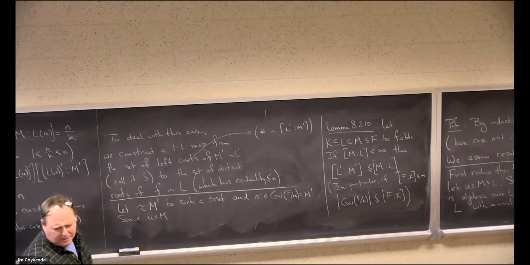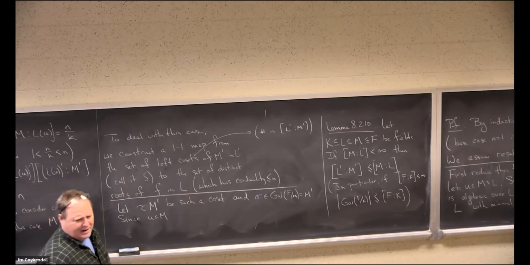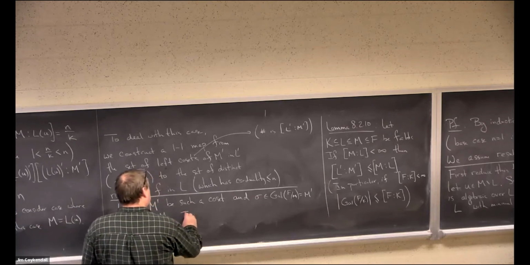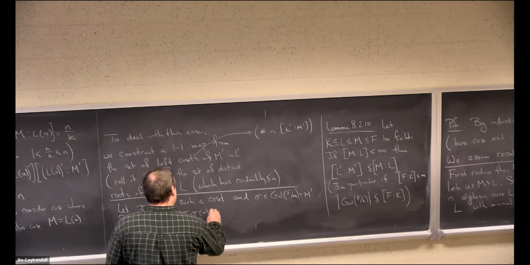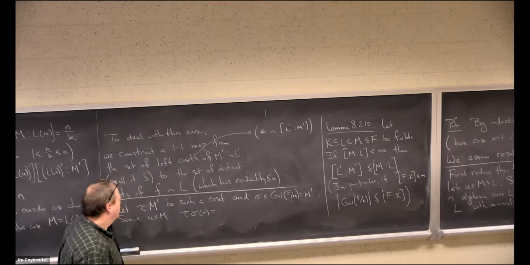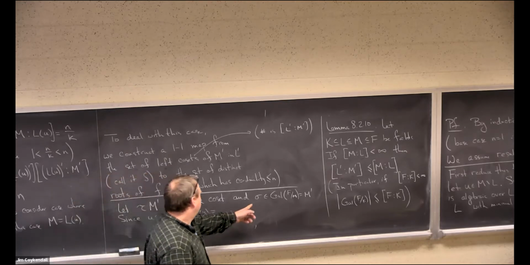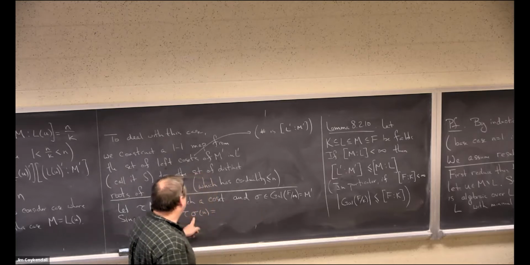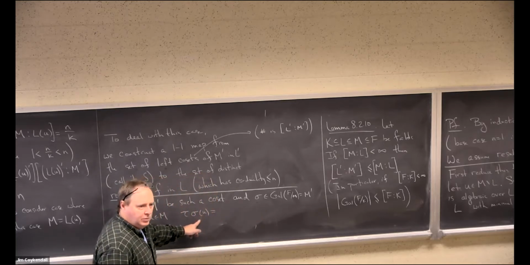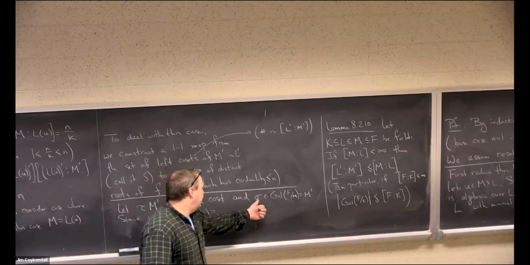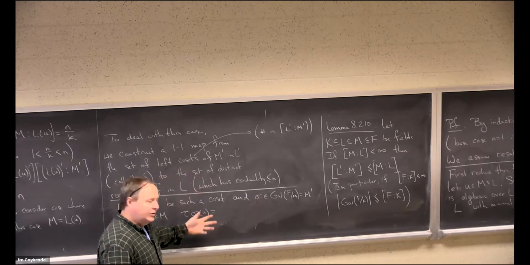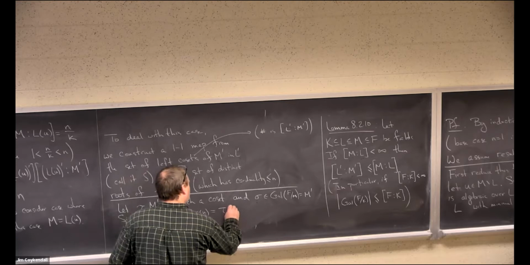Since U is in M, then what happens to tau sigma U? Well, U is in M, so sigma of U is equal to U, right? Because by definition, sigma fixes everything in M, which includes U. So this is tau of U.